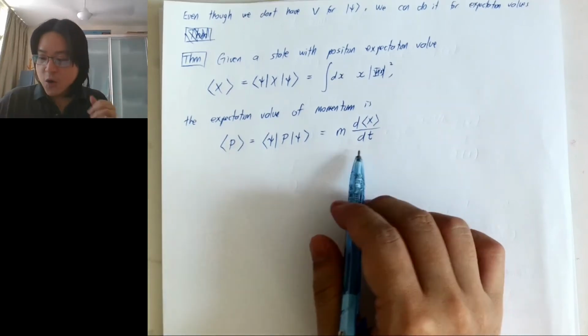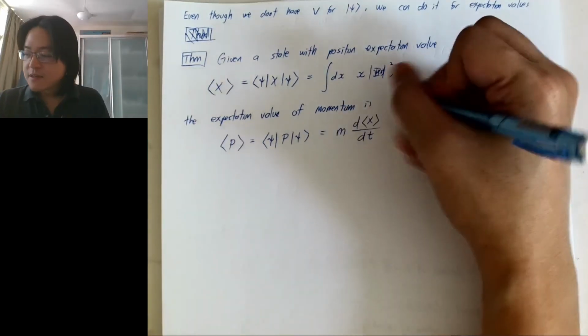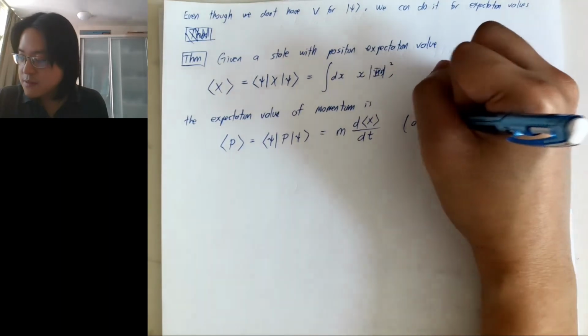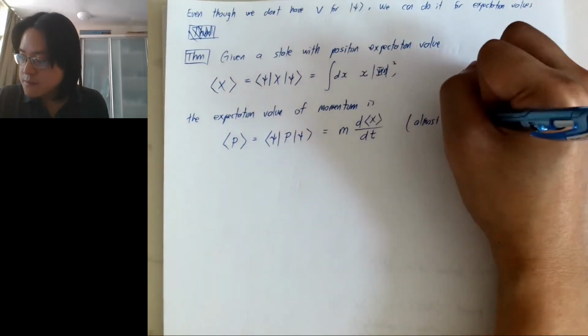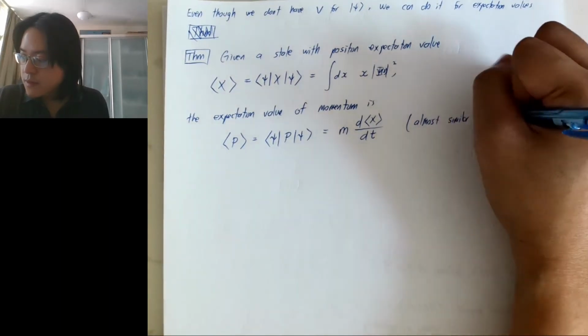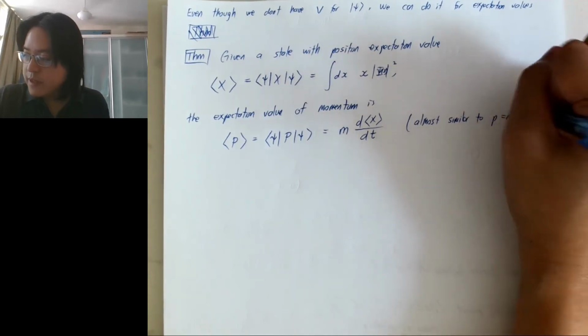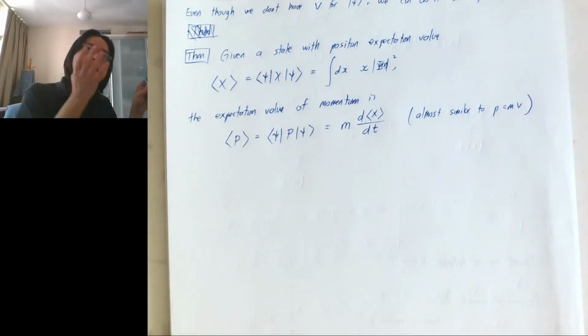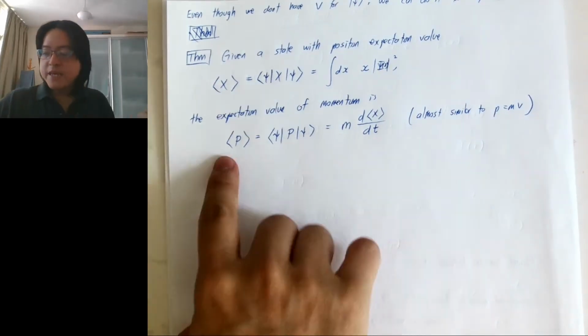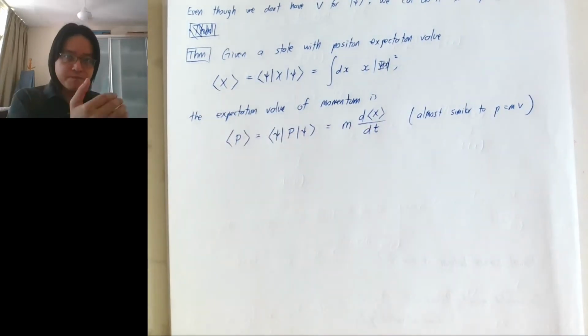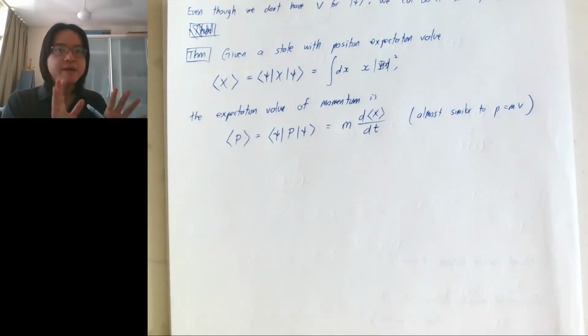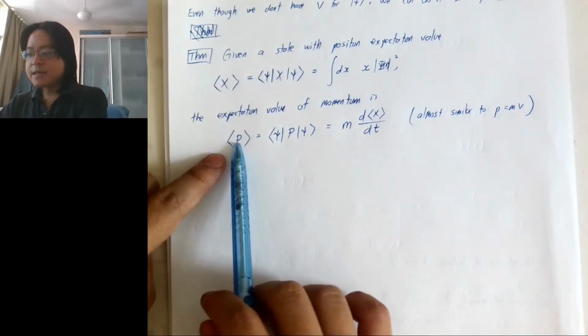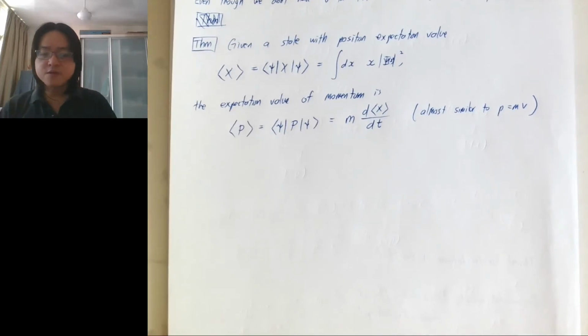So this is almost like a velocity, right? So this is almost similar to P equals to mv, right? So it turns out that you can't define P equals to mv just by the momentum, but the expectation value itself has a similar formula to P equals to mv.